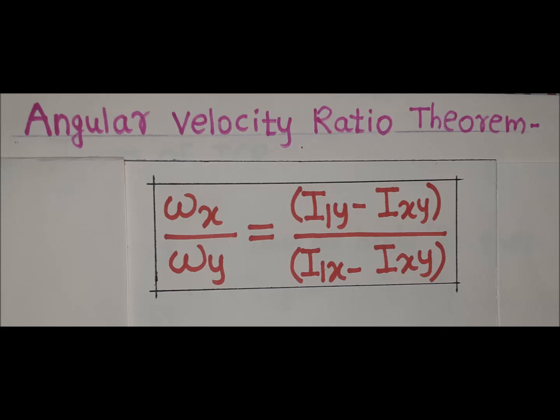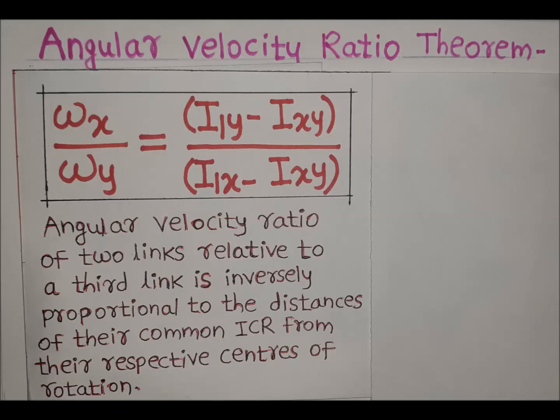That is, omega x upon omega y is equal to the distance between ICRs I1y Ixy divided by the distance between ICRs I1x Ixy.